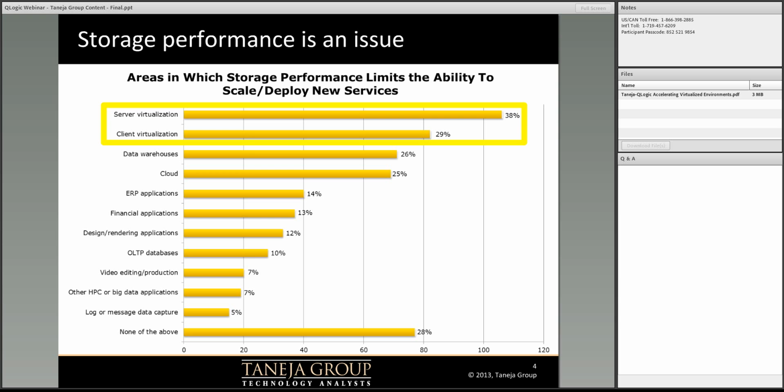The majority of these respondents identified performance challenges surrounding virtualization initiatives, like server virtualization and client virtualization. Out of the 279 respondents, well over half said that storage performance limited their ability to scale either server or client virtualization initiatives or both.